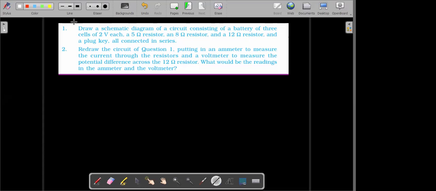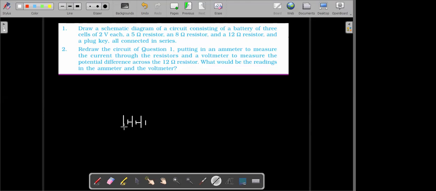So there should be 3 small vertical lines of same height. So these are your 3 cells. The 3 cells should be connected with each other like this.